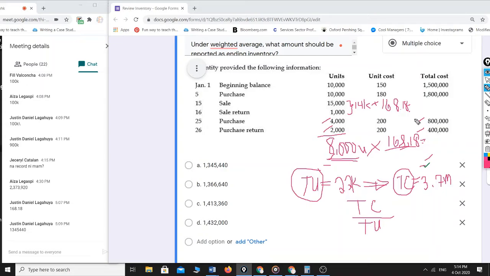Okay, dapat mag-physical count siya in order for the company to identify pila na lang ang nabilin nga ending inventory. While sa perpetual system, the company would have a stock card that every time there is a sale, there is a purchase, they will record that one sa ilang stock card sa ilang inventory.